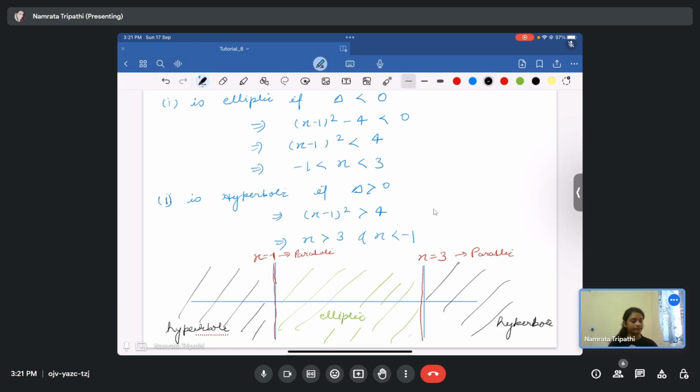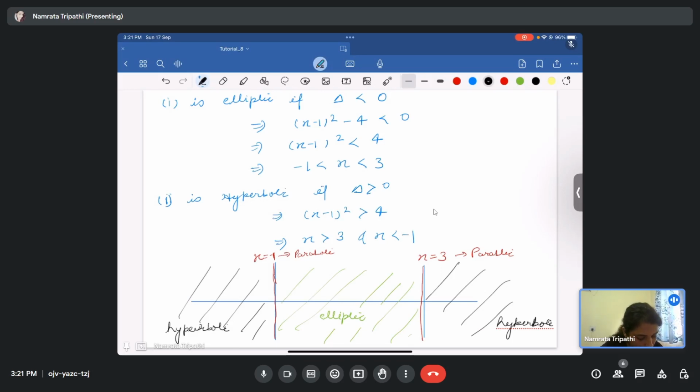Is it fine? Is there any doubt in question 2? You can ask. So this is the first part for question 1.